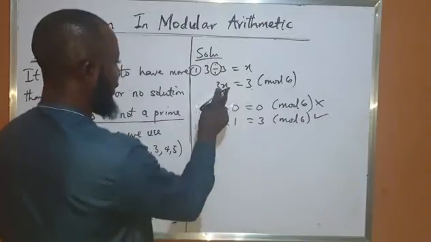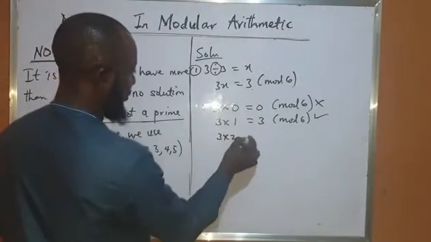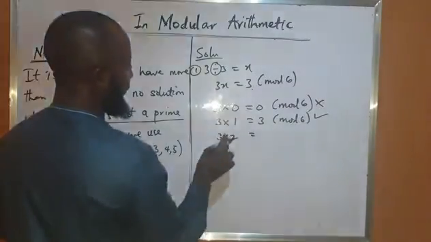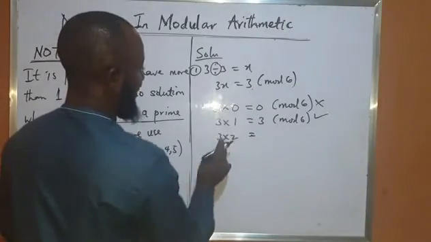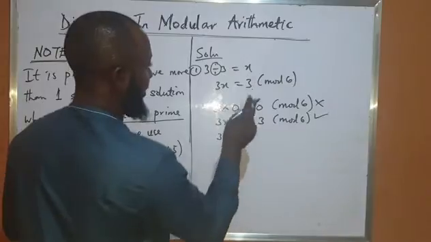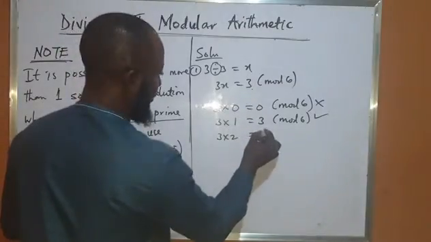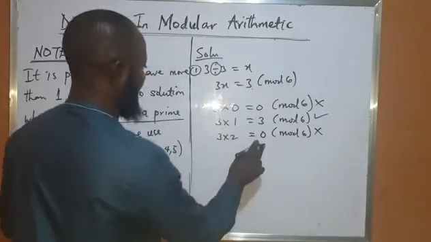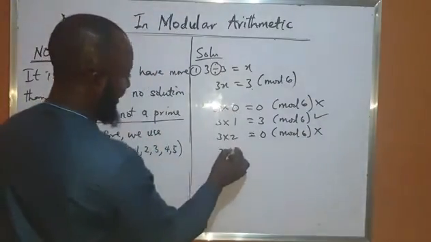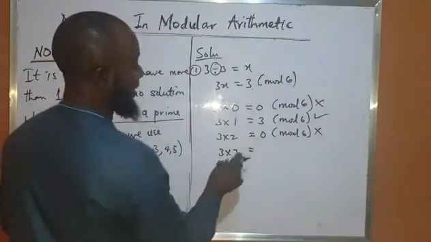Then we replace x again with 2 and see if it is correct. 3 times 2 gives 6. 6 in mod 6 is 0. This is not correct. Then 3 times 3 is 9.